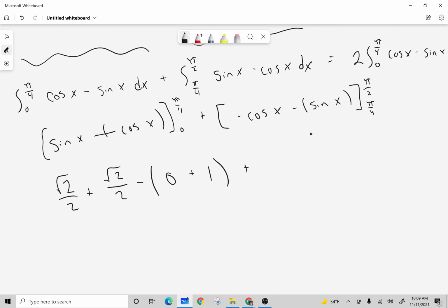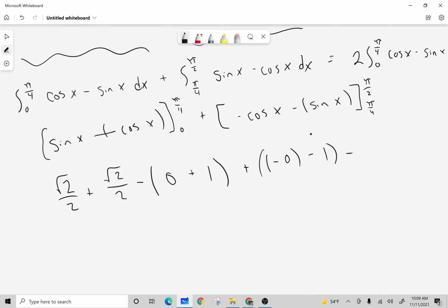We have the negative cosine of pi over 2. Cosine of pi over 2 is going to be negative 0, minus sine of pi over 2 is 1. Sine of pi over 2 is 1.